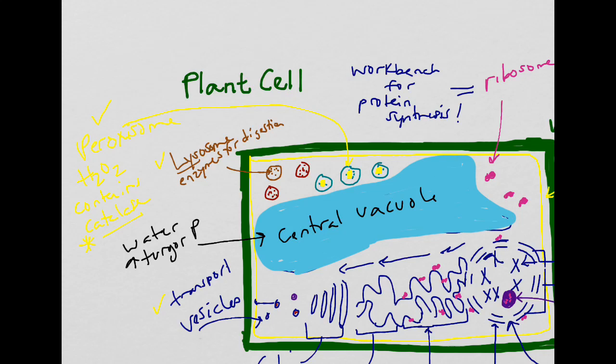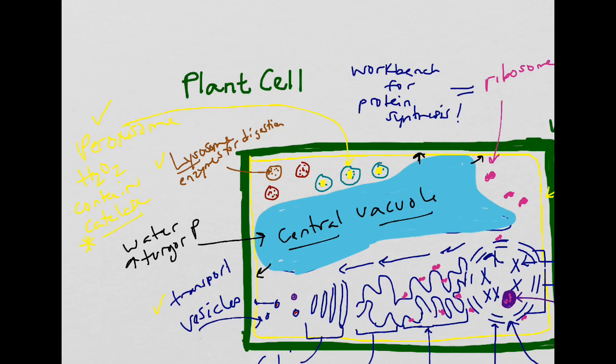And that's the pressure that water balloon, the central vacuole, exerts on the cell wall and cell membrane to keep it inflated. Remember, I talked about plants. If you don't water them, they wilt. And that's because the central vacuoles are dehydrated. Certain plants will really wilt down, and you can water them and they just seem to come back to life. And that's because when you water them, the water goes back into the central vacuole. The central vacuole pushes against the cell wall and the plant stands back up.